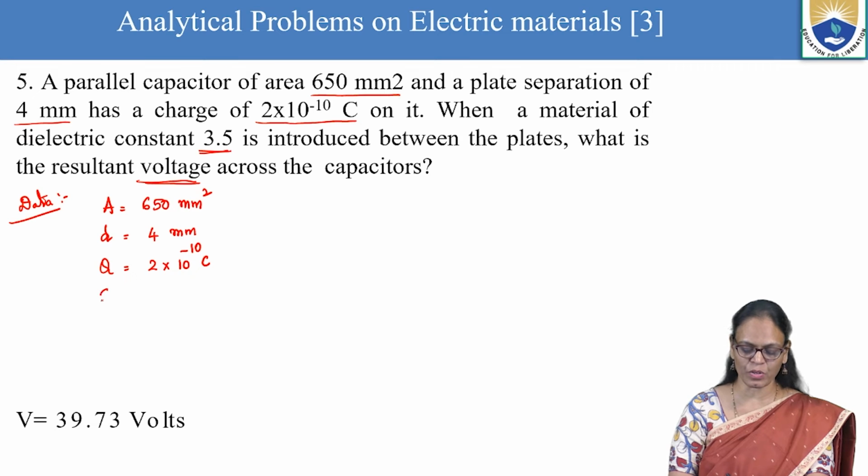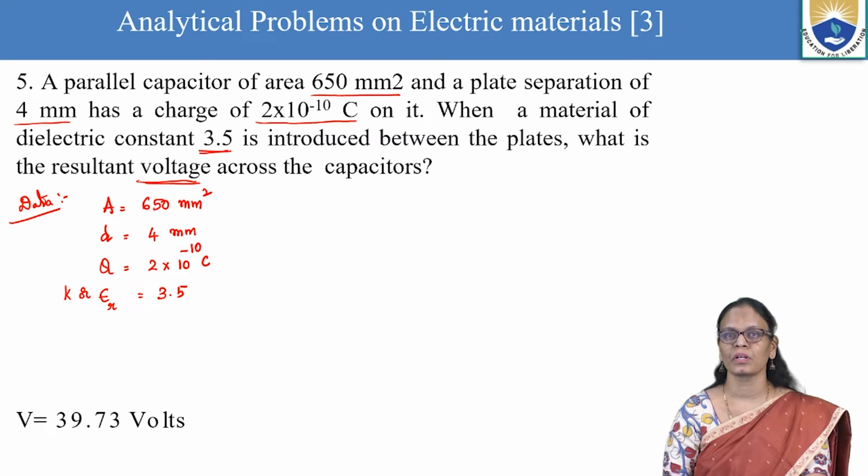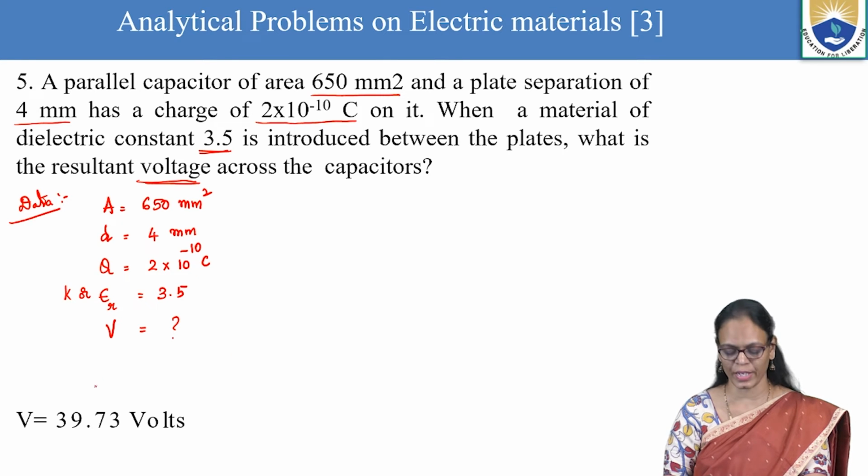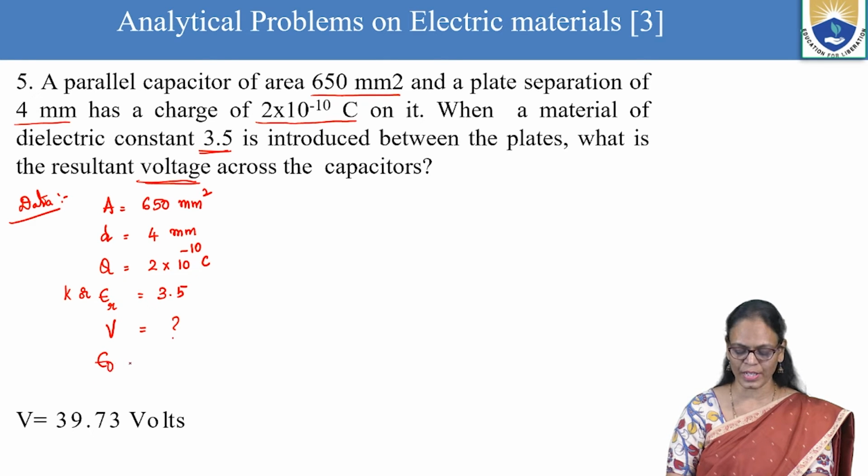And the dielectric constant epsilon r or K, both mean the same, is 3.5. We have to calculate the resultant voltage. Again, epsilon naught is a constant, 8.85 into 10 power minus 12 farad per meter.